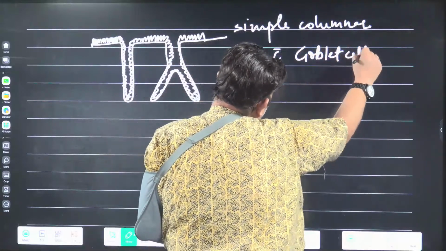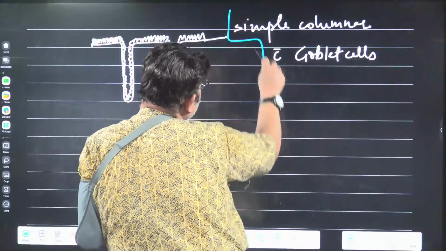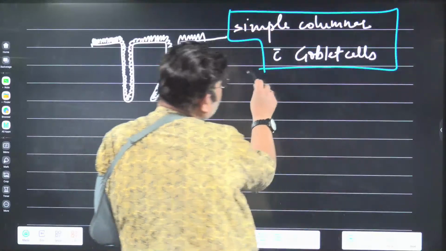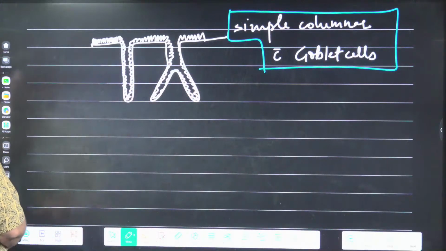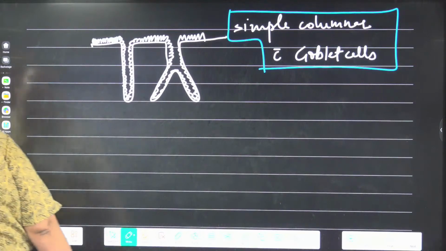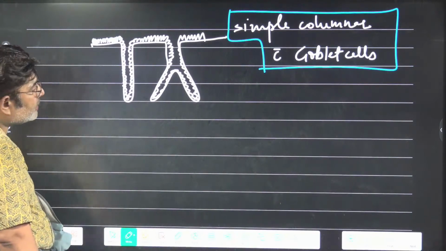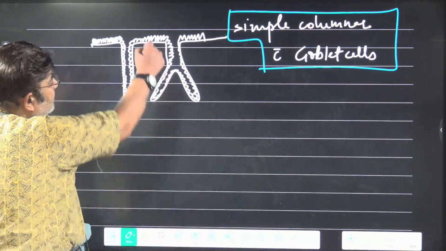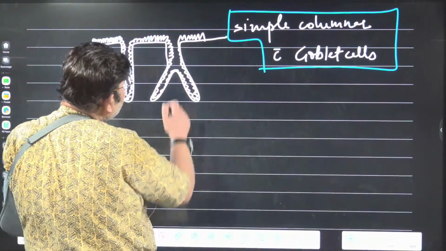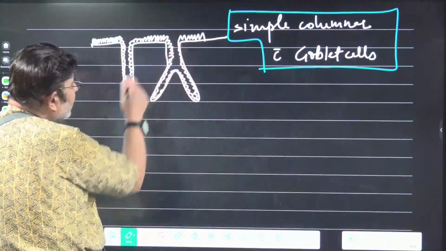So the word glandular can also be used. Simple columnar with goblet cells. The glands in this are goblet cells, and this is again glandular epithelium.